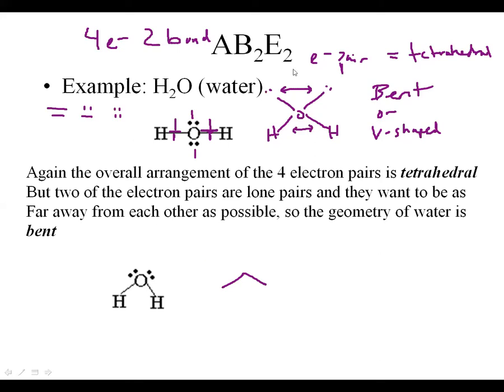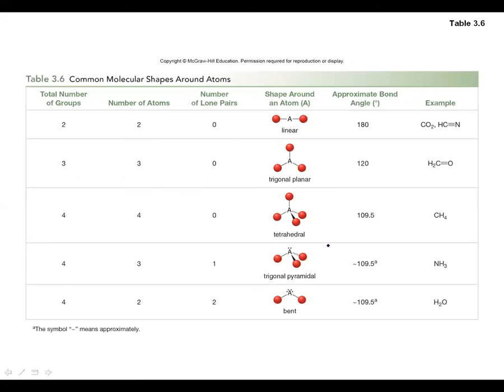Okay, so here's a table. I'm not sure this one's from your book, but you have a similar table, and this really is the best way to do it. You want to think about electron pairs, which is what this column is, how many electron pairs, and this is how many bonds.